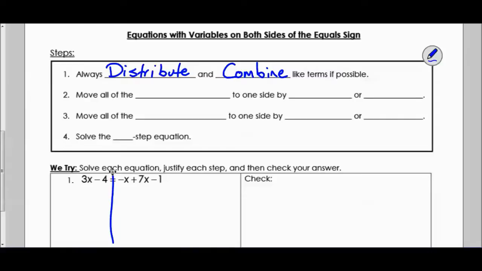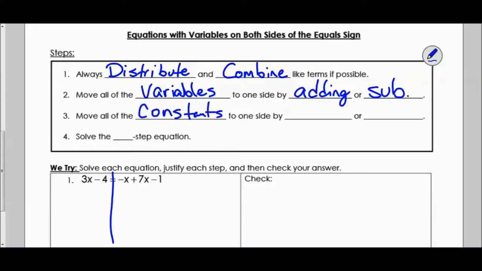After that, after we've combined everything on either side, on separate sides, now we'll move our variables to one side by adding and subtracting. And we'll move all of our constants to one side, again, by adding or subtracting.